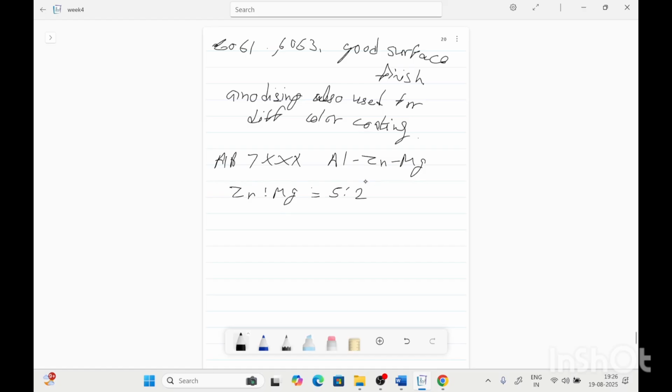And also it can vary to 7:1. So the 7:1 ratio is generally found in the commercial alloy. And we know that this 7X series alloy is mostly useful in the aircraft application.